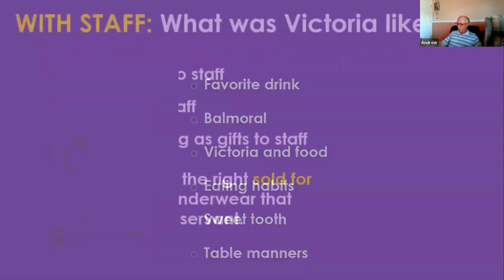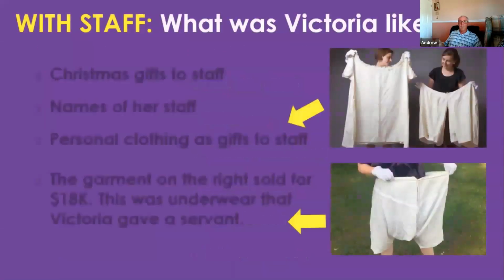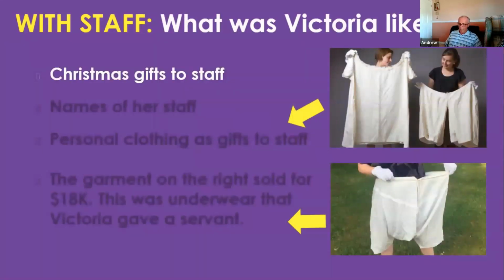Next slide, please. So then I got into, as you can imagine, eating all that food over time, Victoria is going to gain weight. And what I like particularly about what I found out about this was I did a little bit of research into Victoria's weight.